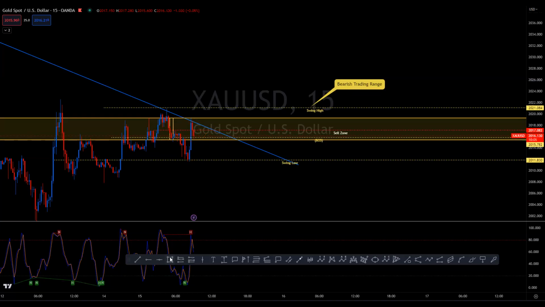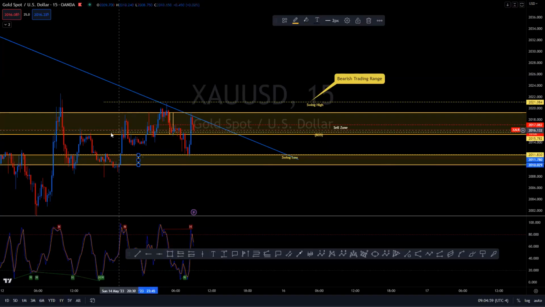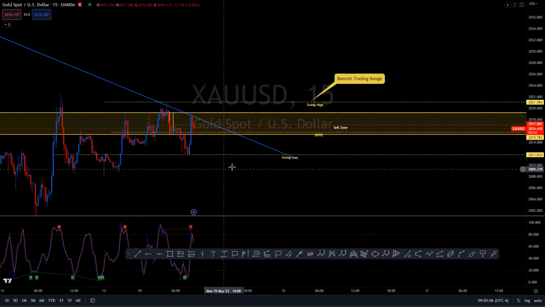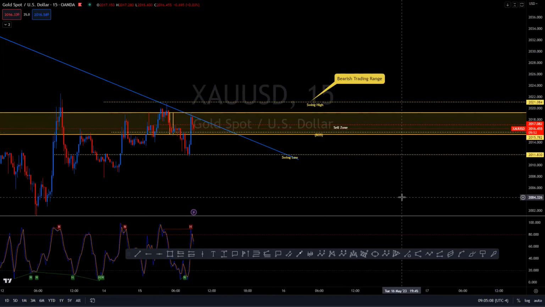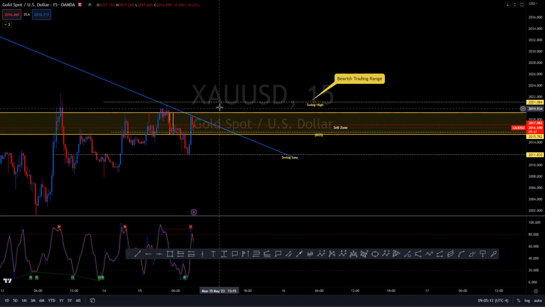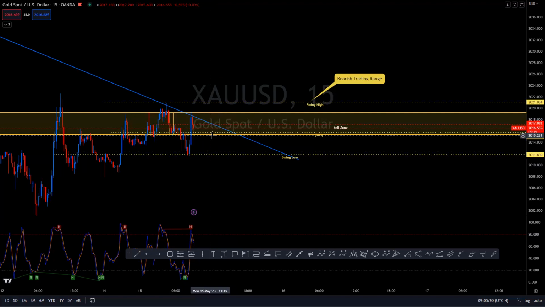So what we're going to do is wait for the 9:15 candle to close, which will happen in less than 10 minutes. And then we're going to plan our trade, and once we plan our trade, we're going to figure out what type of trade we're going to do.